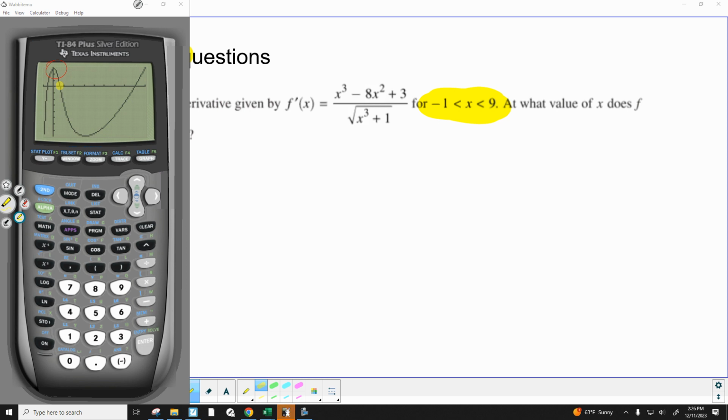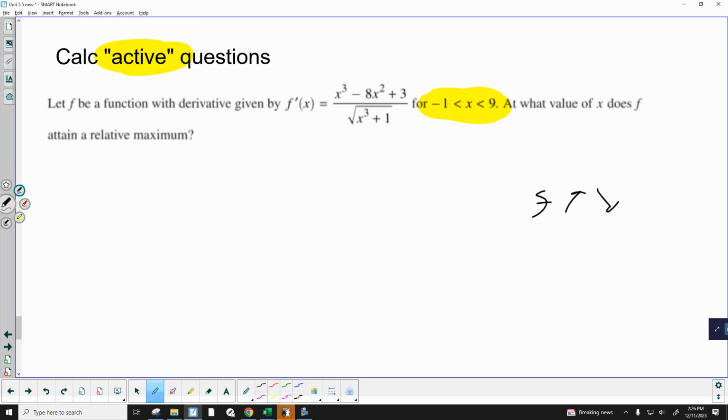What is it? Once again, many of you will find the maximum, and that's not what we're looking for. F is going to have a max when F goes up and down, that's when F prime changes sign from positive to negative.